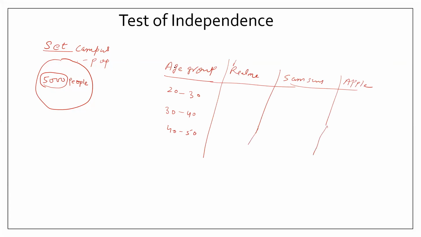I want to check whether there is any relationship between the age group and the brand of the phone. What I mean by that is, for a particular age group, is there any relationship, that between 20 to 30 years of age they use some particular brand of phone, or between 30 to 40 age group they may use some other brand, or 40 to 50 years of age they may use some other brand of phone?